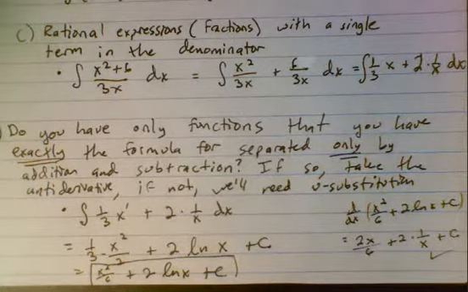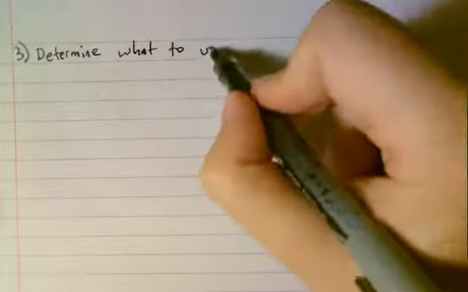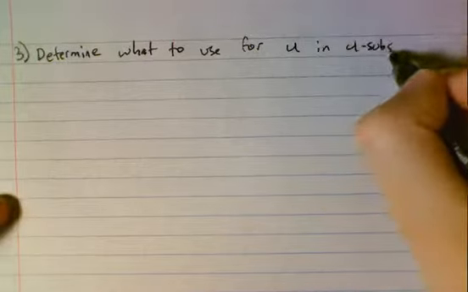So, if we haven't managed to get our antiderivative done using these steps, that means that we're going to have to use U substitution. So the next piece that we're going to go into is we're going to try to figure out how to determine what our U should be. So our third step: determine what to use for U in U substitution.